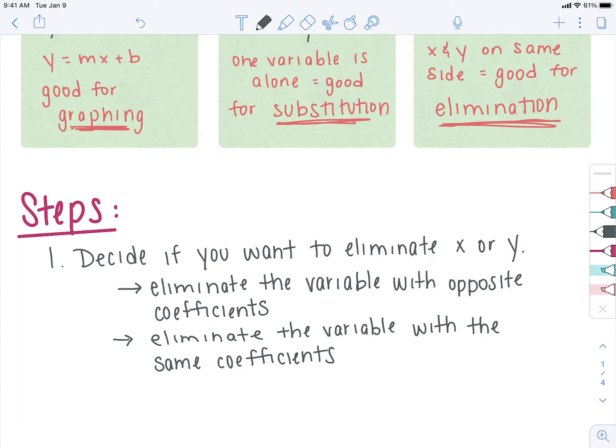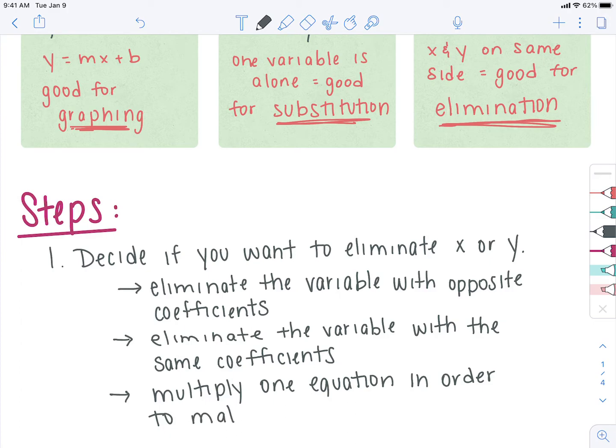And then a very last resort, if you don't have opposite coefficients or you don't have the same coefficients, you're going to have to decide what you want to multiply by in order to get those coefficients to be opposites. So you might have to multiply one equation in order to make opposite coefficients.